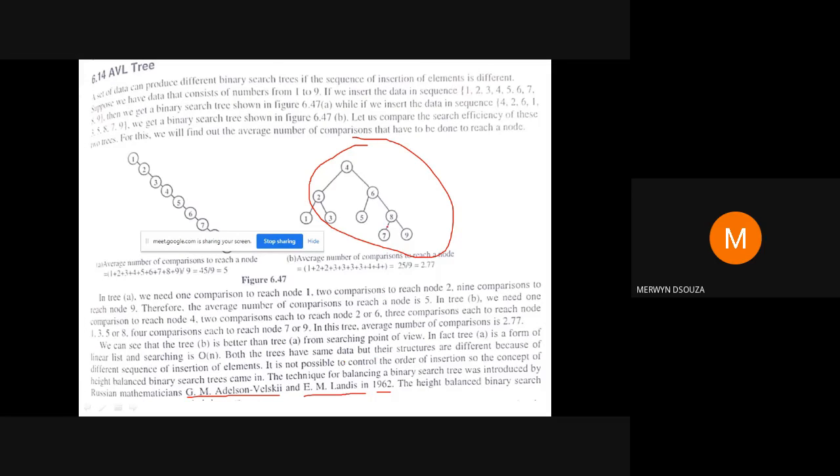Now this sequence was pre-decided, but we are not always able to pre-decide the sequence to make the tree more efficient.